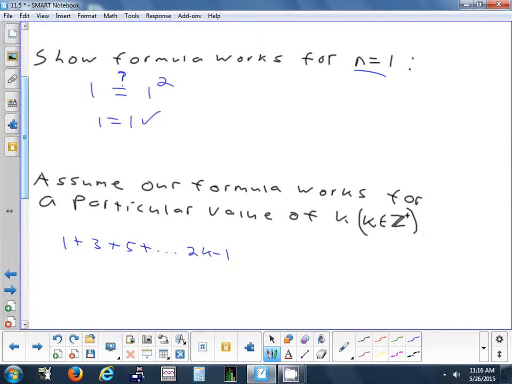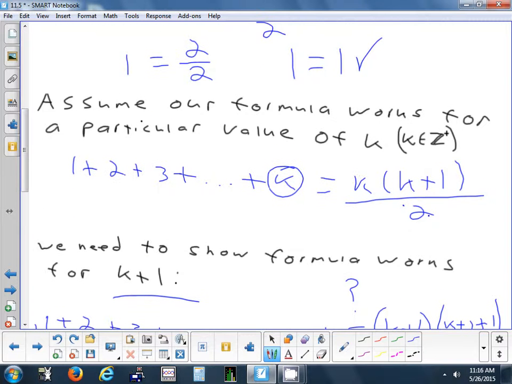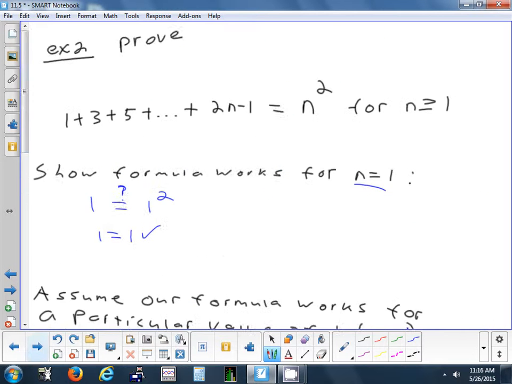You've got to be careful with your kth term here. It's a little more complicated than just a k. It's a 2 times k minus 1. In the last problem, it was just a k. So when we filled in for k plus 1, it was pretty straightforward. Just be careful on this one.